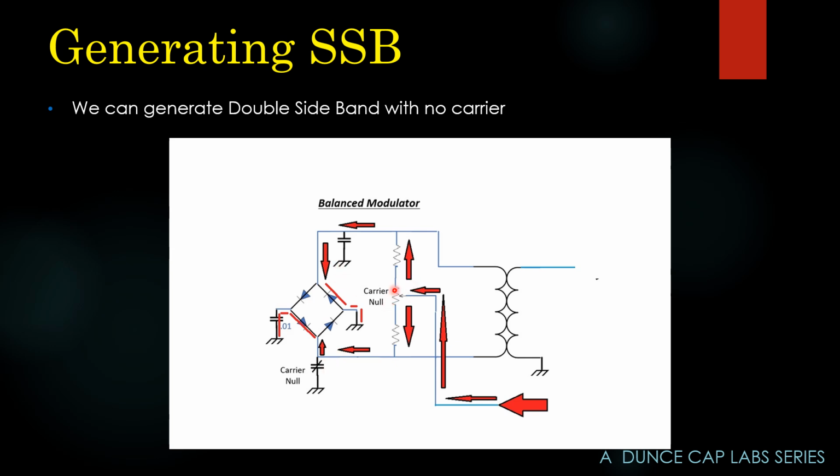The potentiometer is balanced. Notice the current flow. Up, through the diode, down. Here, through the diode, to ground. It's perfectly balanced. Because it's so balanced, there's no reason for any current to flow over here. If there's no current here, then there's no current over here, and there's no output.